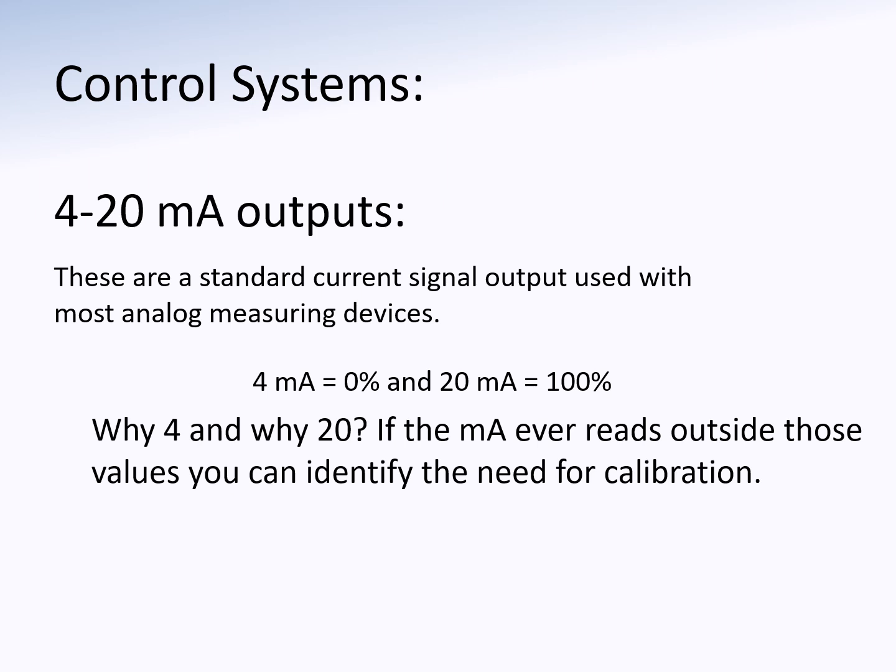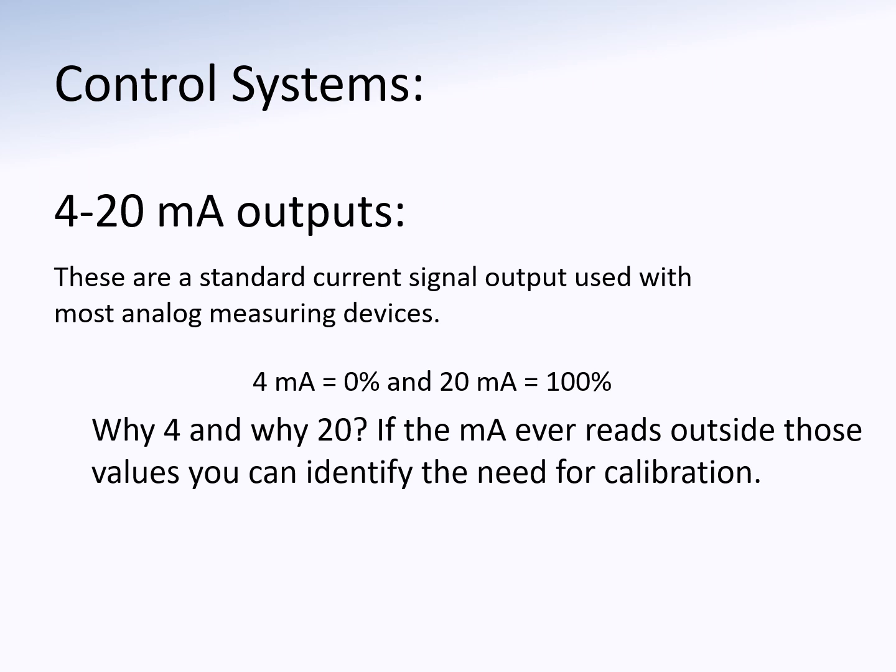So let's say you have a valve position indicator on a regulator, and you're calibrating that position indicator, hooked up to it on your 4 to 20 milliamp. If you get a milliamp reading of, let's say, 3 or 2, you could tell that it's out of calibration.